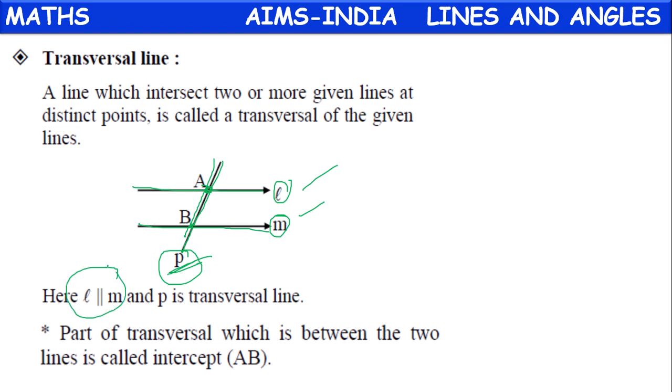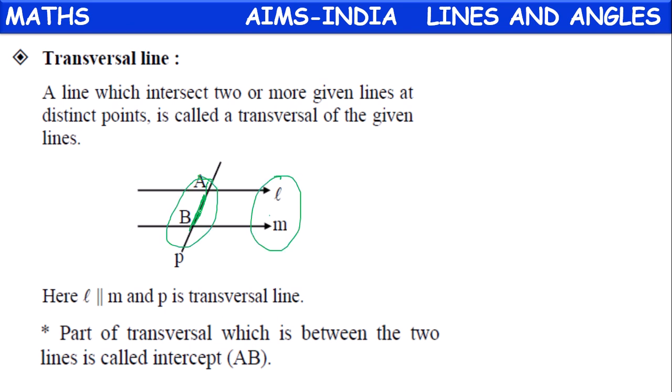For two parallel lines, there will be a transversal line. The whole line P is called the transversal, but here AB is a part of the transversal which lies between the parallel lines, and this part is called the intercept. This part AB is the intercept, a part of the transversal.